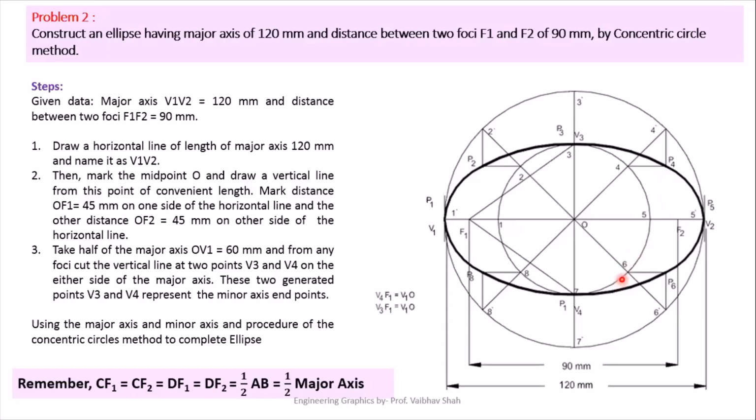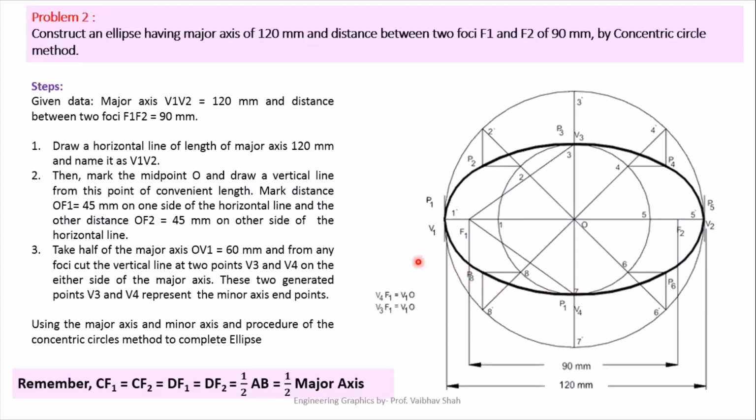After drawing these vertical and horizontal lines, you will have points of intersection here, here, here, and here. So we will find the points of intersection and denote them by numbers: P1, P2, P3, P4, P5, P6, P7 and P8.